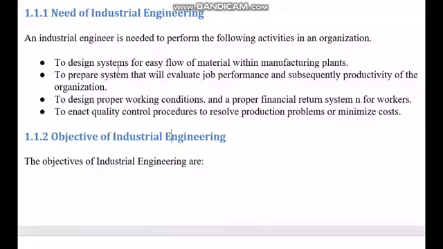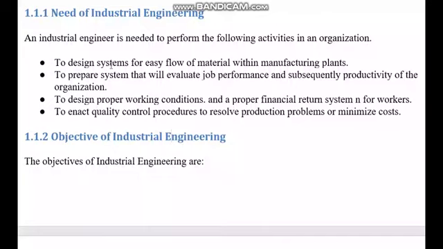You are expected to design systems for easy flow of material within the manufacturing plants. Suppose your material is flowing from one workstation to another, from one machine to another, or one shed to another, or one manufacturing plant to another. You have to design a system so that the material flows easily, without obstructions, without going through a roundabout route, without taking a lot of time.